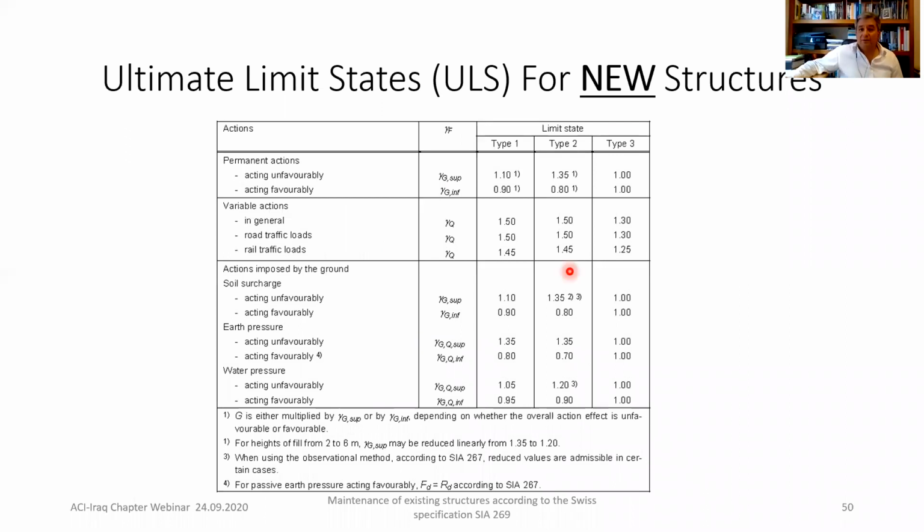This table gives you the factor of safety for everything, for dead load, if the action is unfavorable and if it's favorable, and for live load also. Just pay attention to these values because we will need them later.